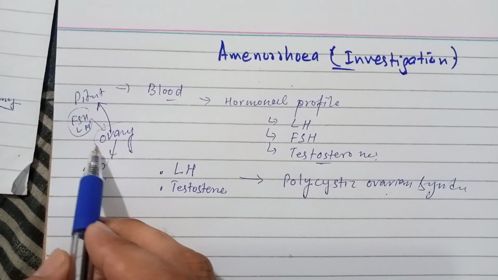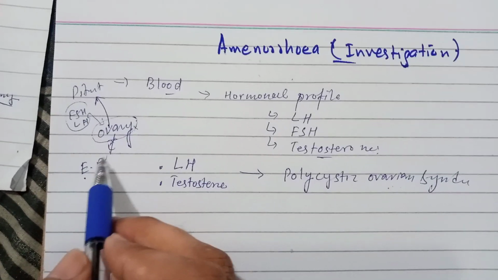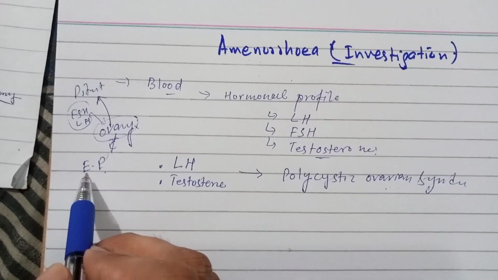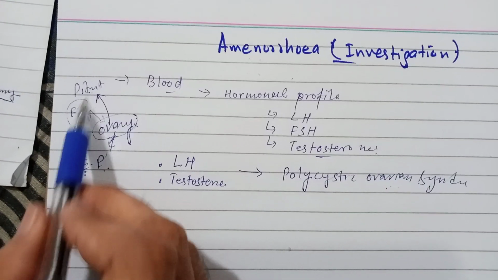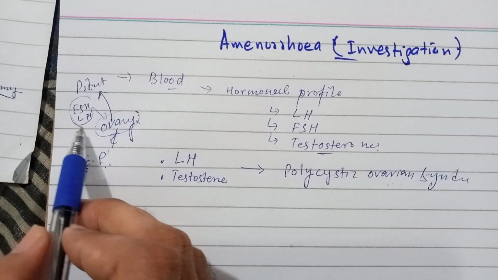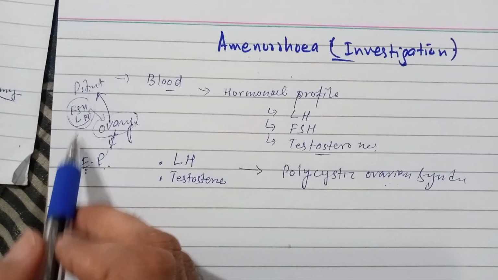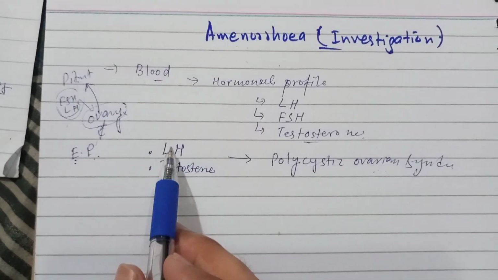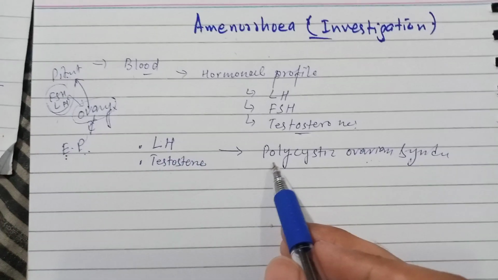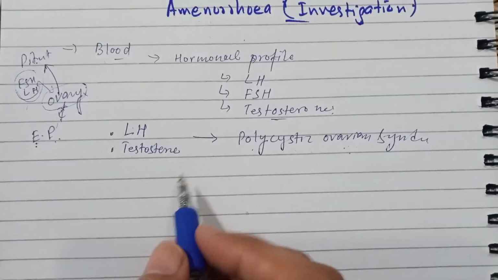In case of polycystic ovarian syndrome, there is a problem with the ovary, so it cannot release estrogen and progesterone, but the pituitary is intact, so FSH and luteinizing hormone are continuously released by the pituitary, and these ultimately come into the blood. So if there is presence of luteinizing hormone and testosterone, we say that there is polycystic ovarian syndrome.